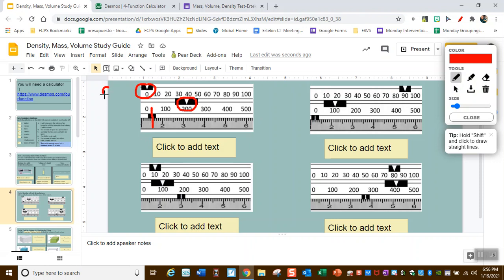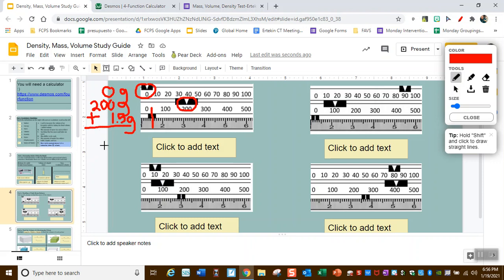So this right here is 0 grams. This number right here is 200 grams. And then this number right here is 1, 1.1, 1.2, 1.3, 1.4, 1.5 grams, okay?